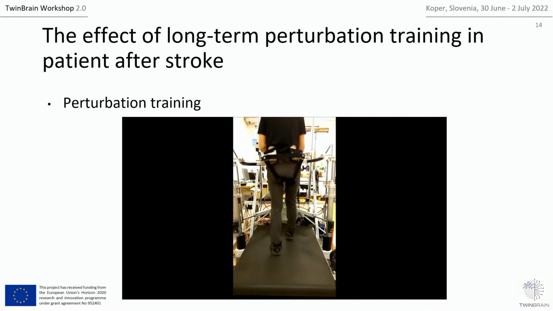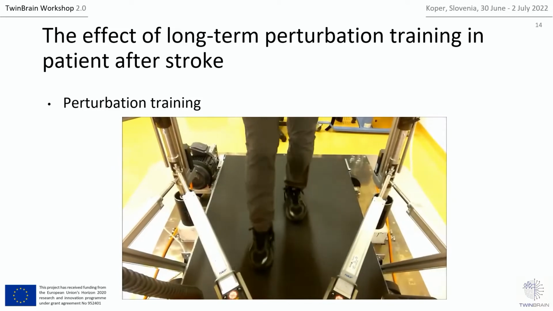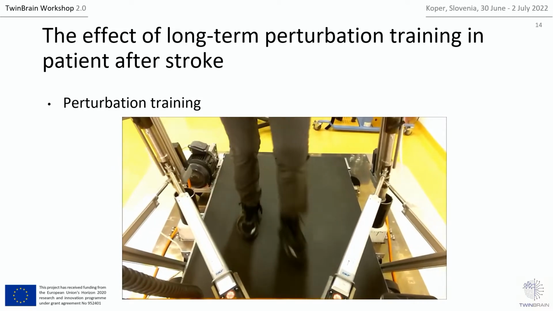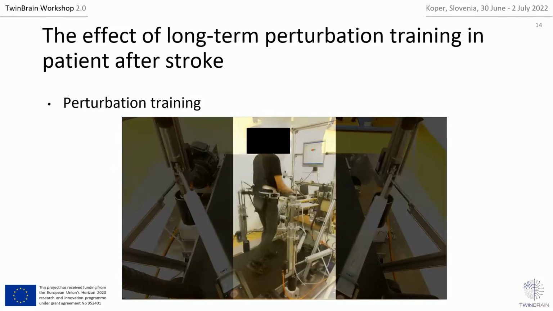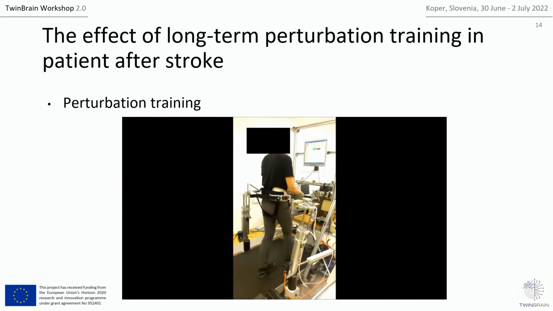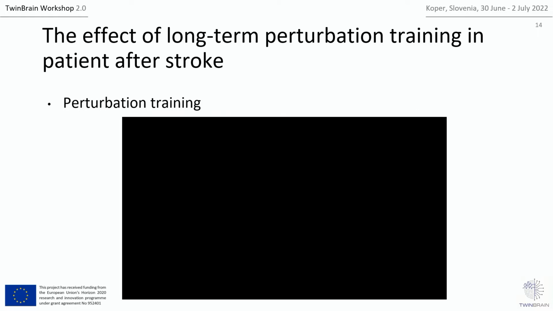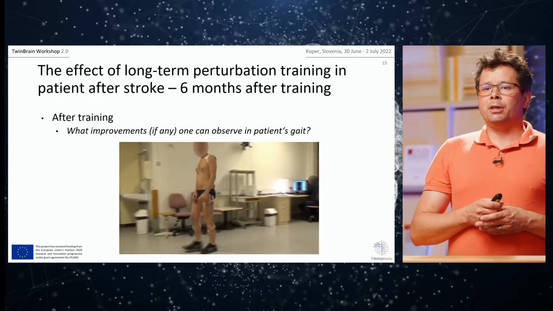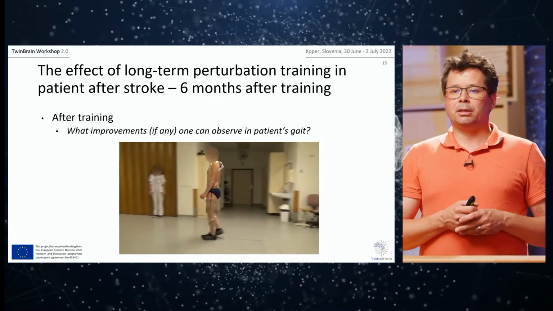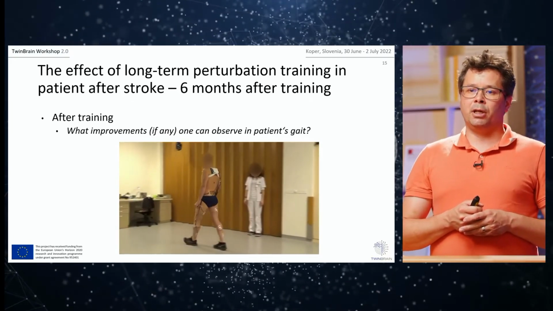The measurement is done on the instrumented treadmill so that we can measure the ground reaction forces, also the center of pressure. We also measure the position of the pelvis. And after the training, this is the gait of this patient after the training.